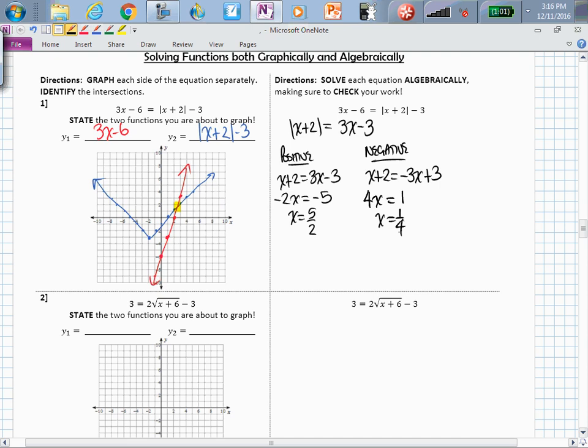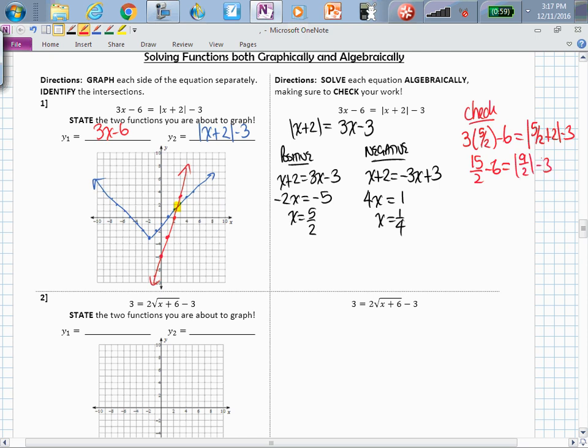And then I have to check. I don't care if you check on the calculator or in your head or write it on here. You might want to at least write part of it on here so you can see what's happening, and then do the rest in your calculator. So it becomes 5 halves plus 2, subtract 3, this is 15 halves minus 6, and we have the absolute value of 9 halves minus 3.